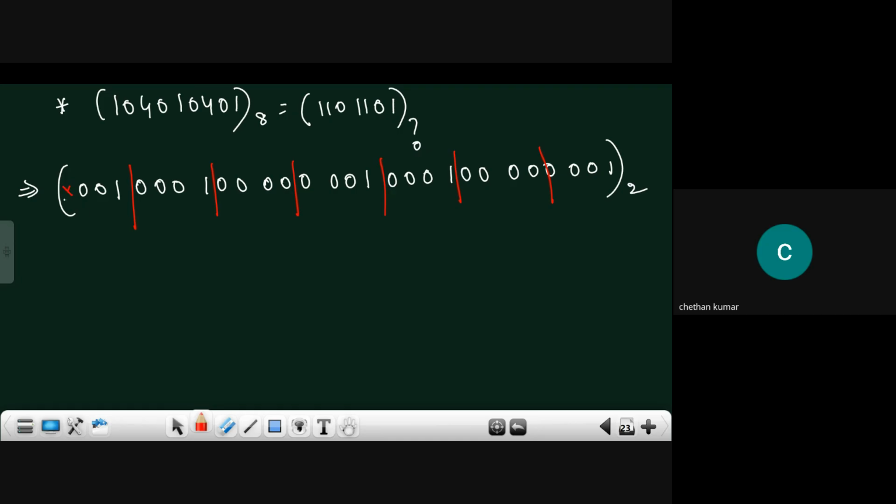Now this is nothing but x 1, 0, 1, 1, 0, 1. The number equivalent to this number, what is the base?